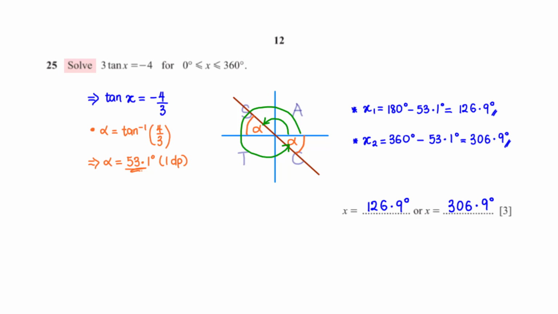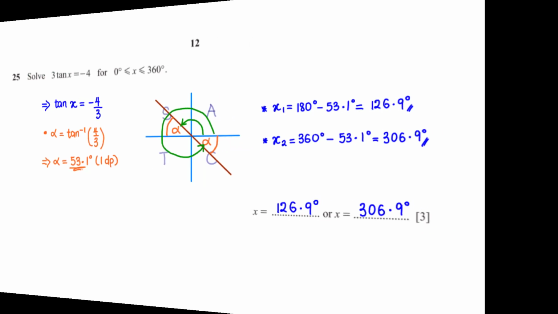When we go around the quadrant the second time, we get our second value of x as 360 degrees minus 53.1 degrees, which is equal to 306.9 degrees. And so for our final answers, we have x equals 126.9 degrees or x equals 306.9 degrees.